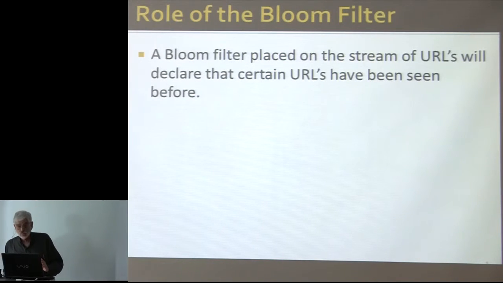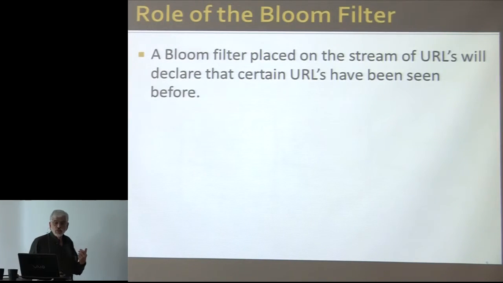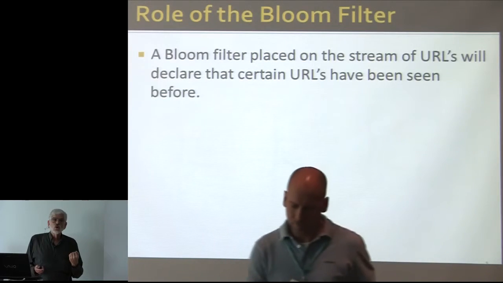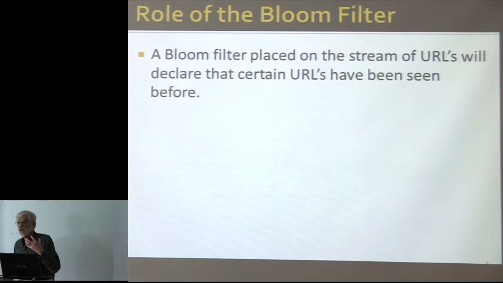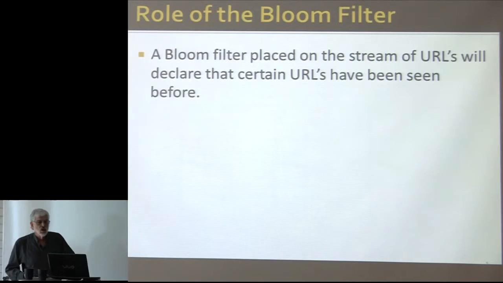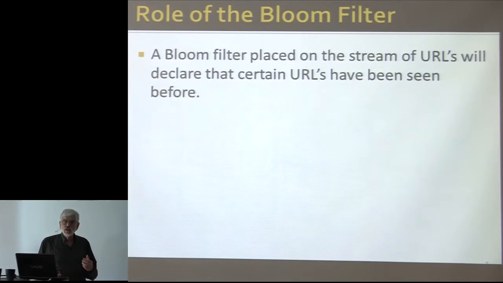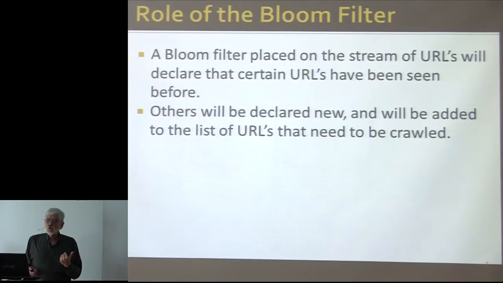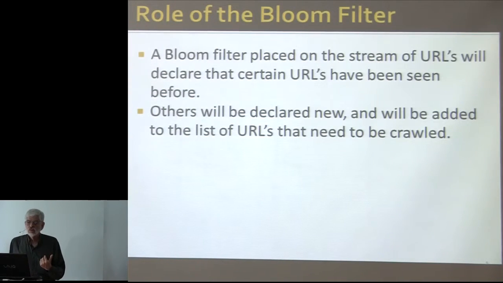So the way you would use a Bloom filter is every time one of the crawling processes reports back a new URL, you're going to hash that in some way, and I'll talk about how that's done, and decide either I've seen it before or I haven't. Okay.